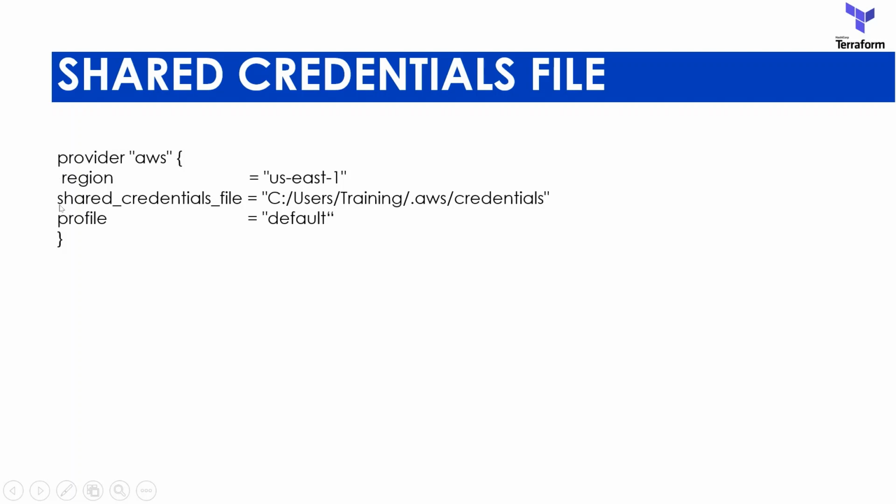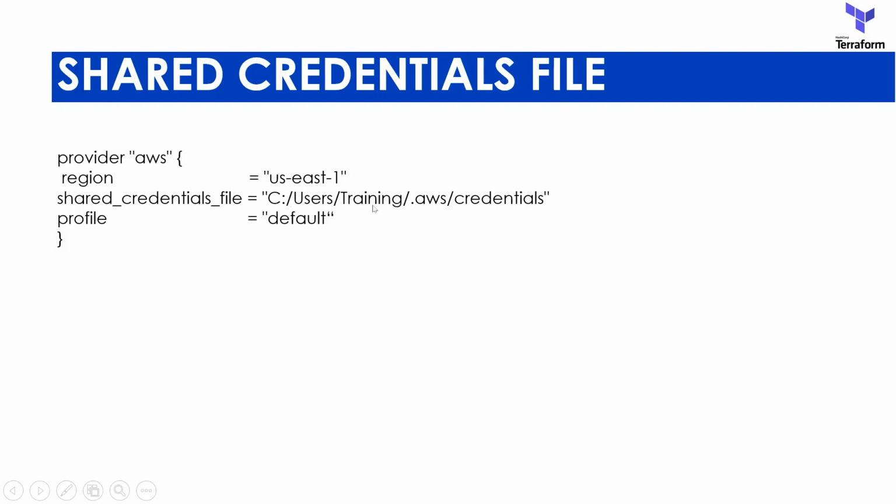The only thing is there is one attribute, shared_credentials_file, and you have to create a credentials file under .aws, and set the credentials like access key and secret key, with the profile as default.